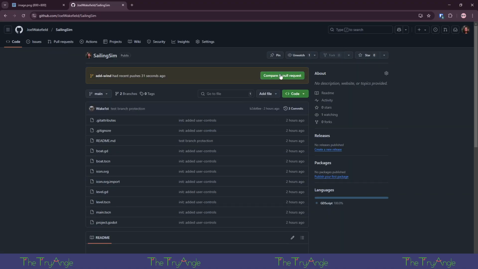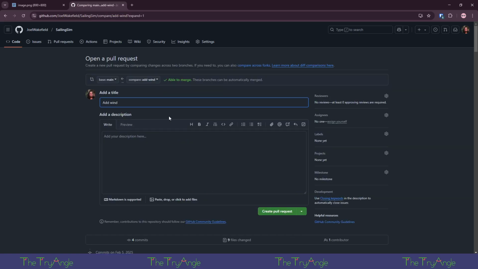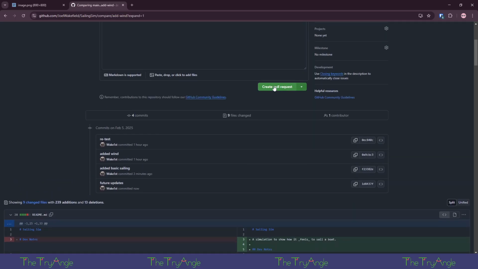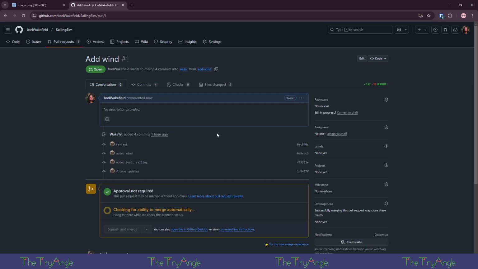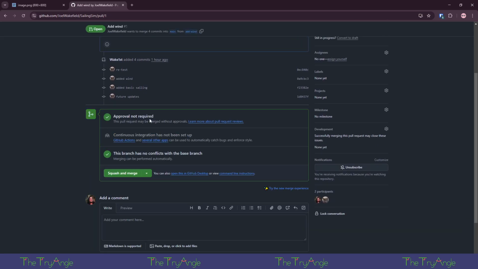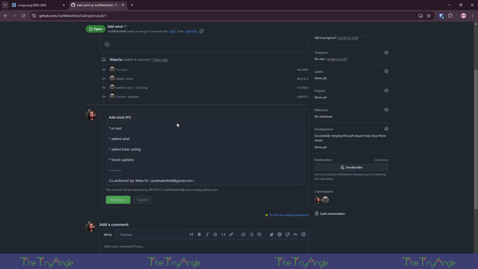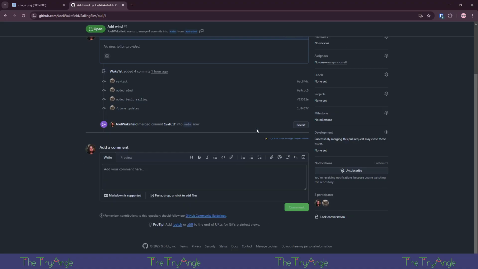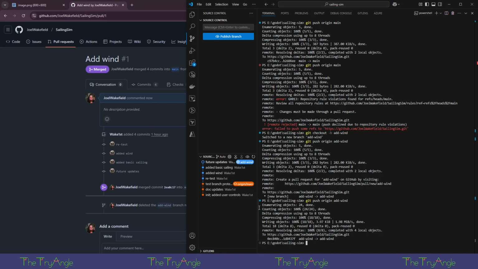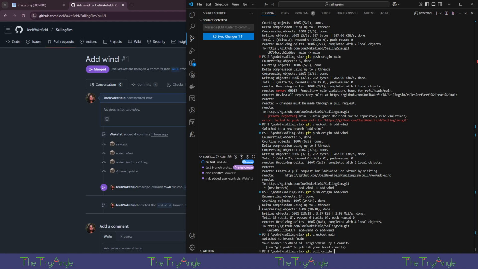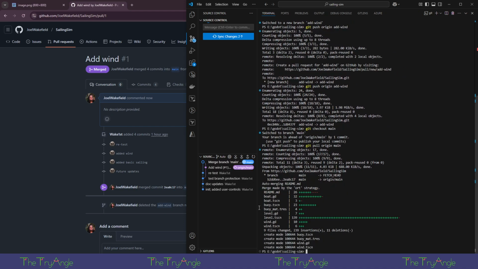Okie dokie. Let's do a pull request. Able to merge. Good. All right. Approval not required. I should hope so, as I own it. No conflicts. Squash. Delete. Neato. All right. Excellent.